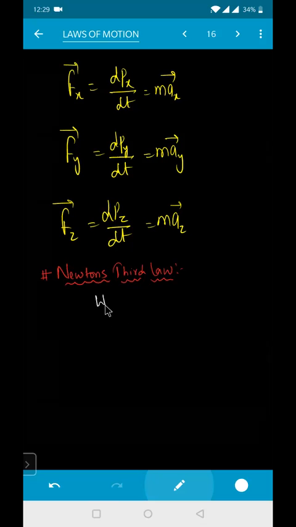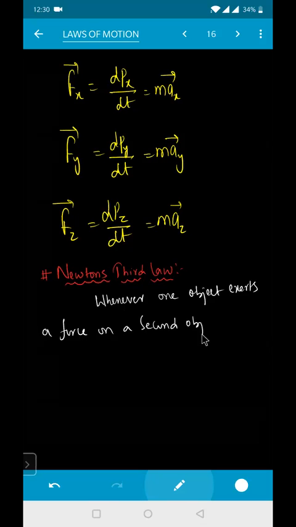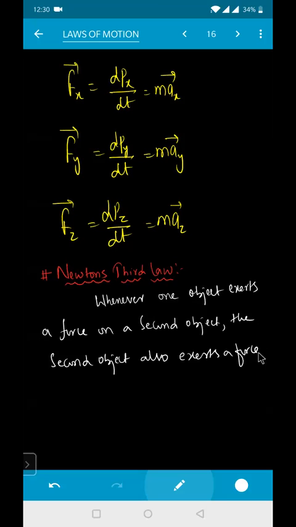So I can write here right now: whenever one object exerts a force on a second object, the second object also exerts a force on the first.